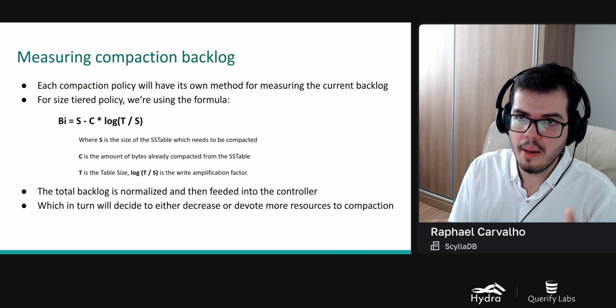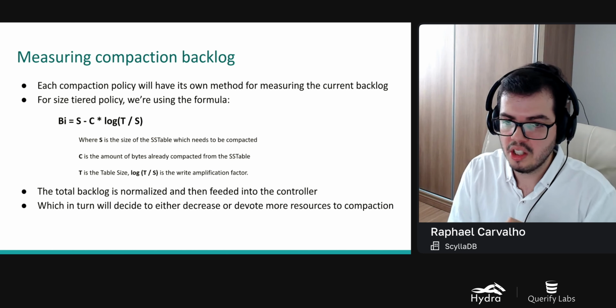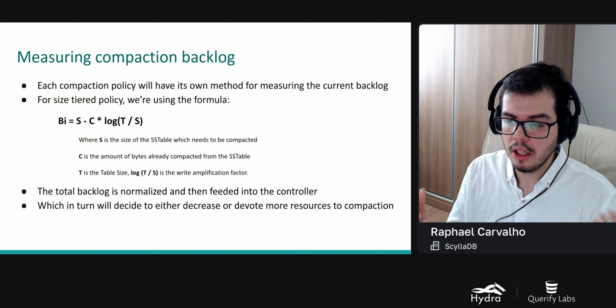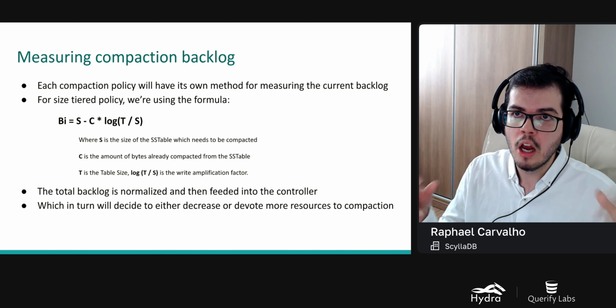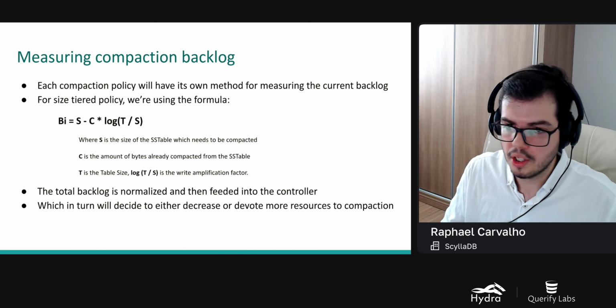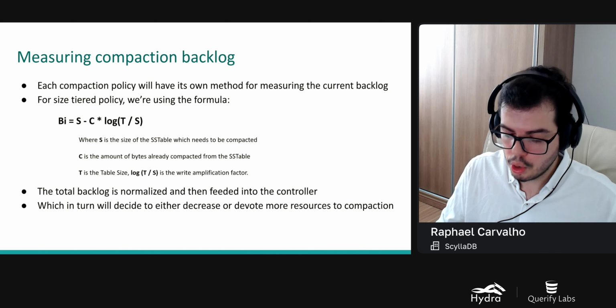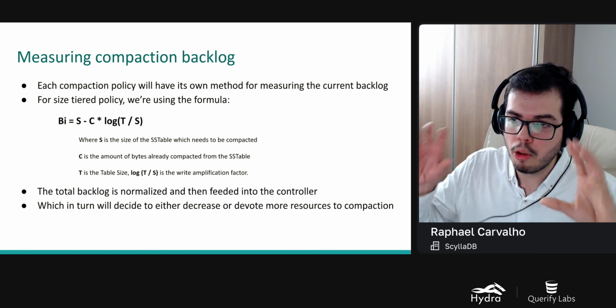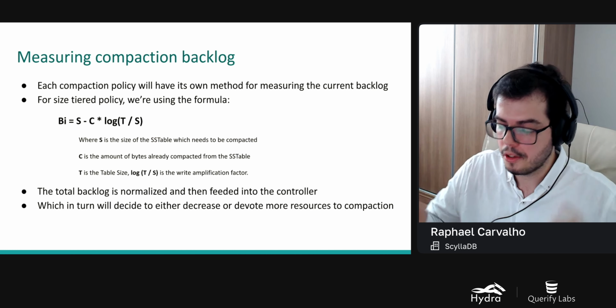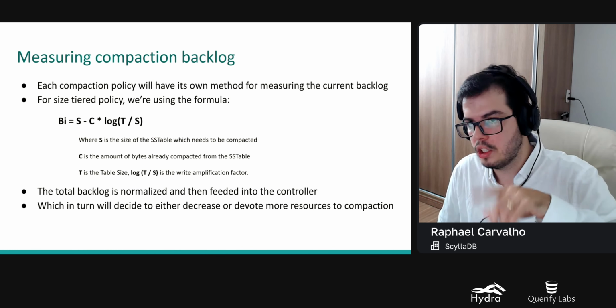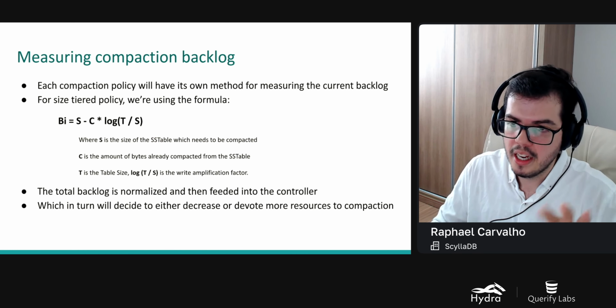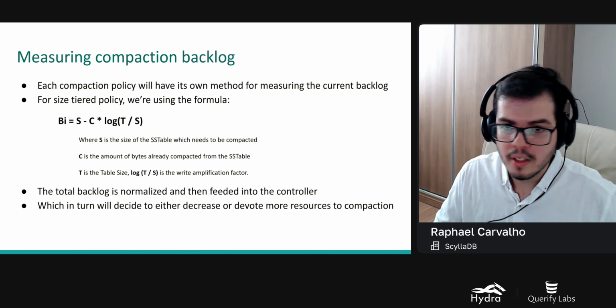So we deduct the amount of bytes already compacted for the SSTable, and the total backlog for this table will be the sum of the backlog for the individual SSTables. We feed the total backlog into the controller, which will then set the amount of shares, the amount of bandwidth for compaction, and it's a closed loop control system because we do that continuously.